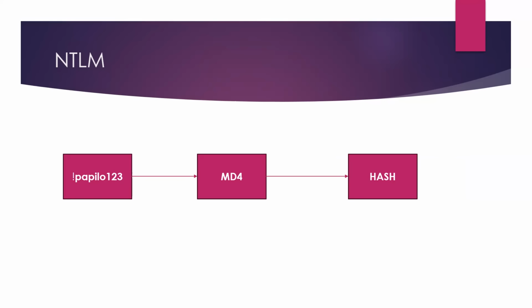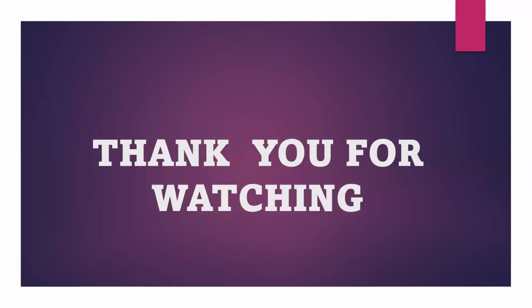And when it is hashed, it drops the password itself. So this is how the two methods of hashing for Windows work. And you can see which one is actually safer and which one is more efficient.